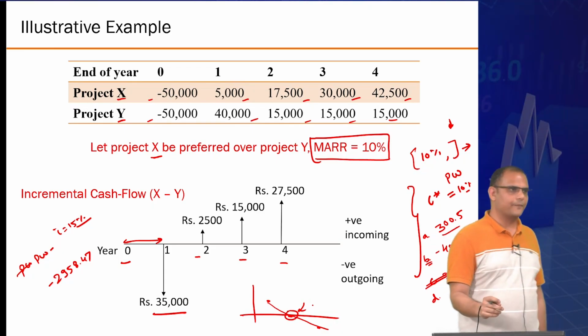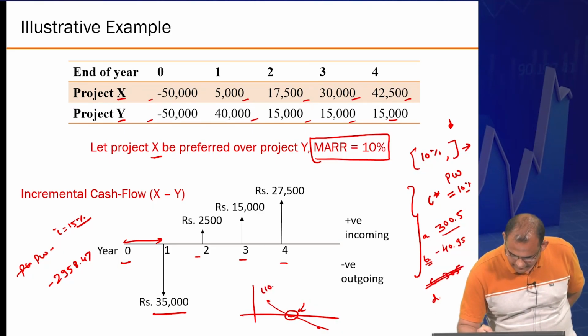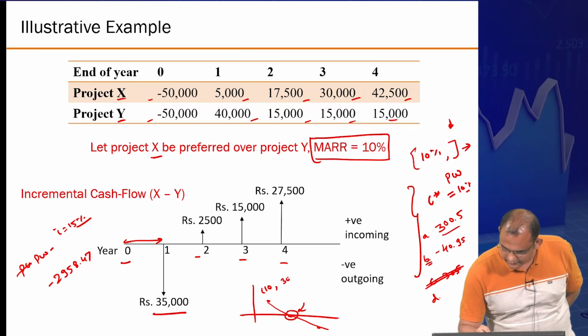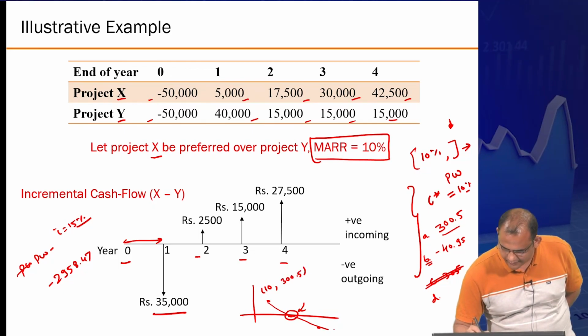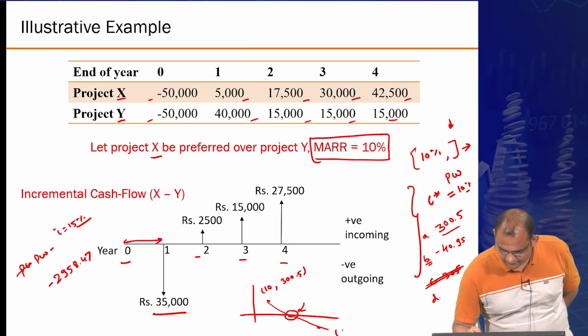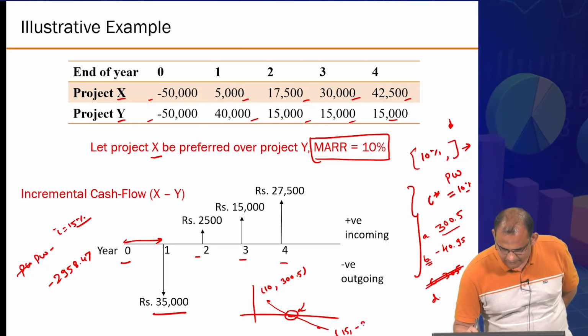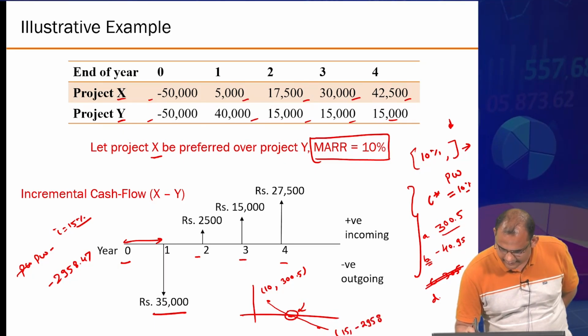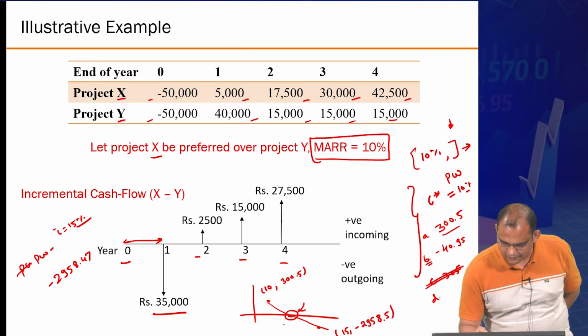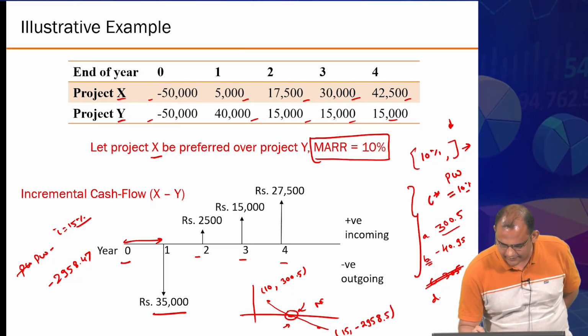What's the answer? You have 10, 300.5, 15, minus 2958. What is the value at which NPV equals 0?